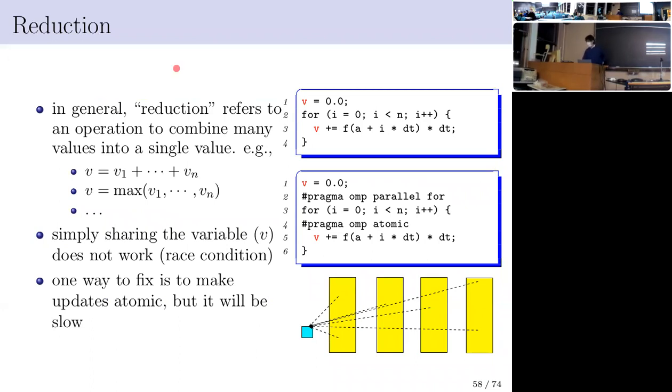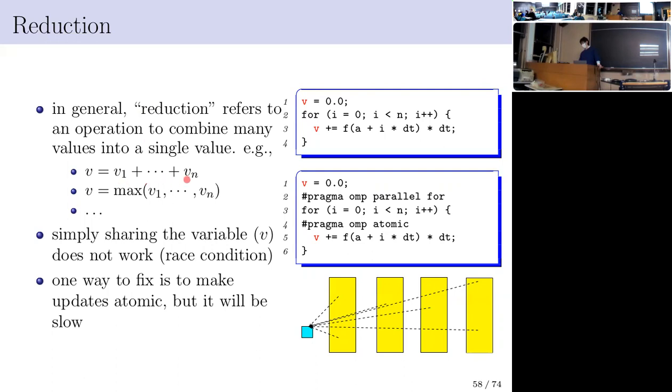Finally, the reduction. It is a very commonly occurring pattern in parallel programming, and again, you should use it whenever it is applicable. In general, reduction refers to an operation that combines many values into a single value.